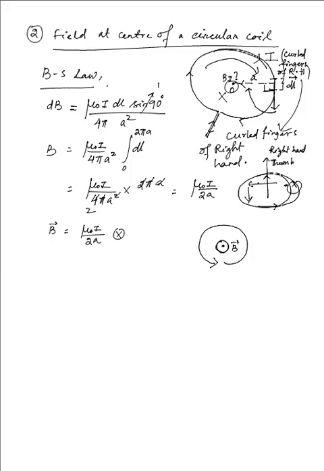So when the current is along the straight line, the field lines spiral about it. When the current is along the curved line, the field lines are straight.